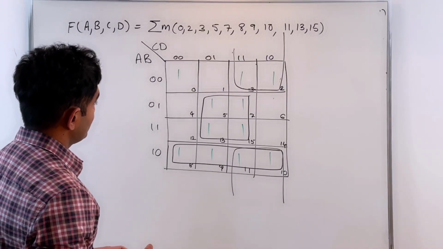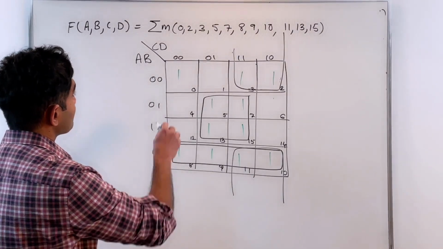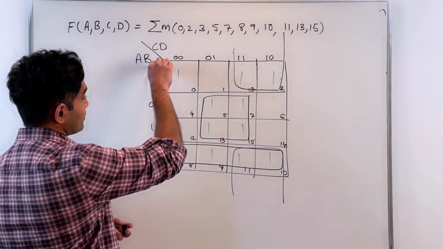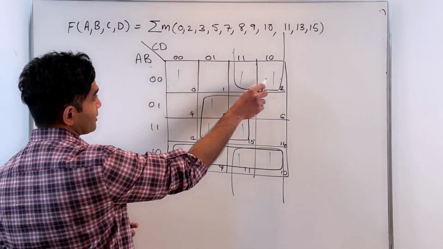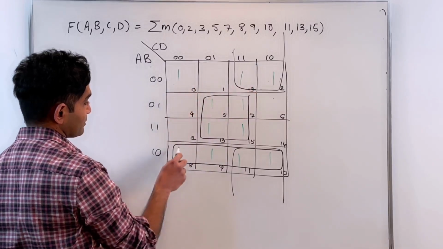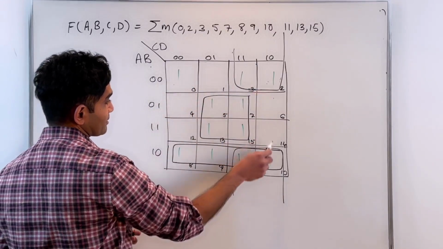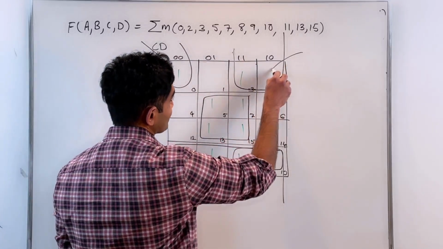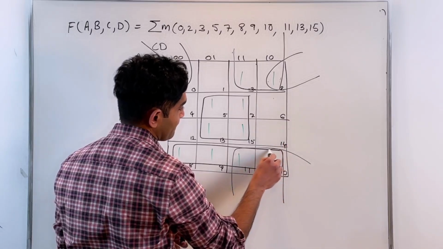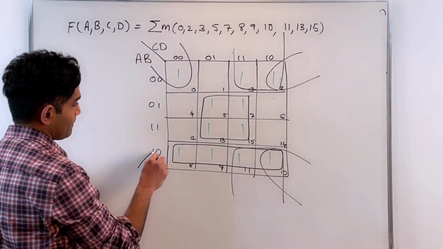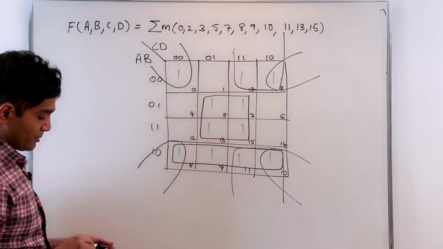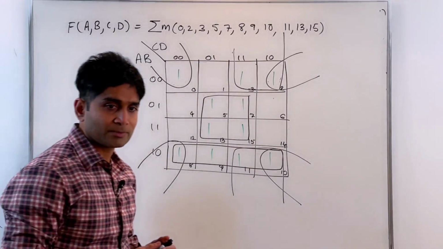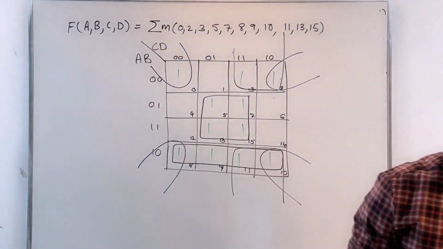And finally, I have the corner cells, because I have this one adjacent to this cell, adjacent to this cell, and this one is adjacent to this cell. I can combine them into a combination of 4 adjacent cells. All right. Are you with me until this point?